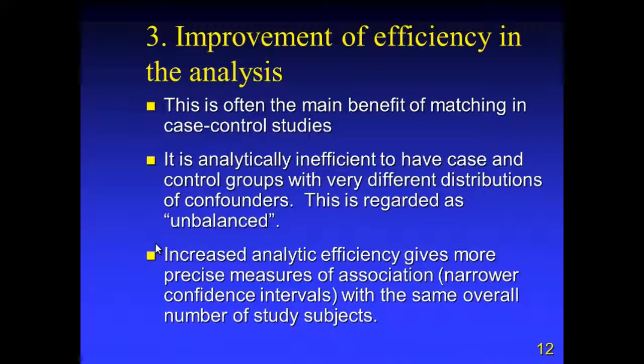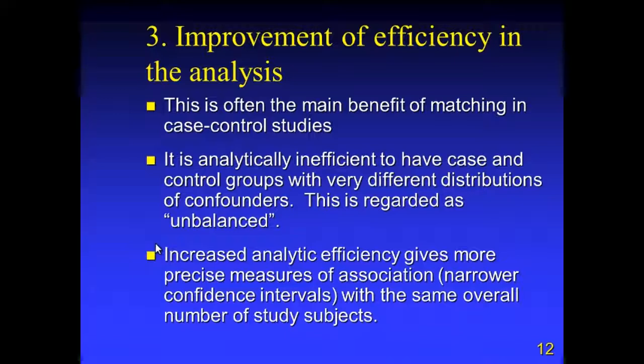The problem can be that if you have a case group and you end up with an unmatched control group, such that the case and control groups have very different distributions of these important confounding factors, then we would say that the groups are unbalanced in relation to confounding factors, and this has the effect of widening the confidence intervals.